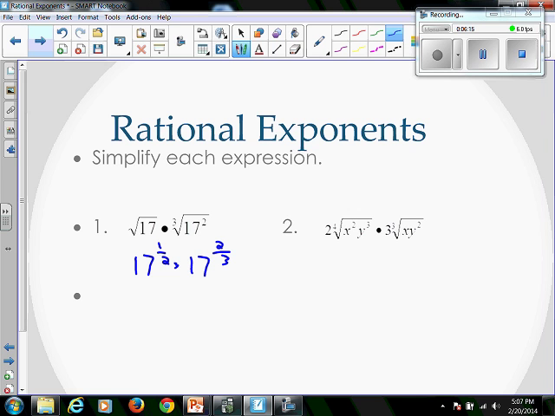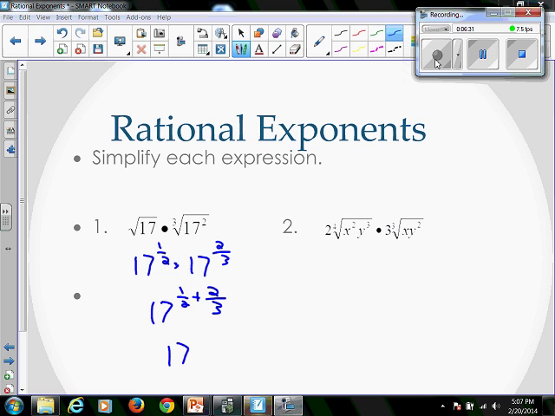Now, since my bases are the same, I can add the exponents. So 1/2 plus 2/3. And I get 17 to the 7/6 power. I might want to check that using my calculator.